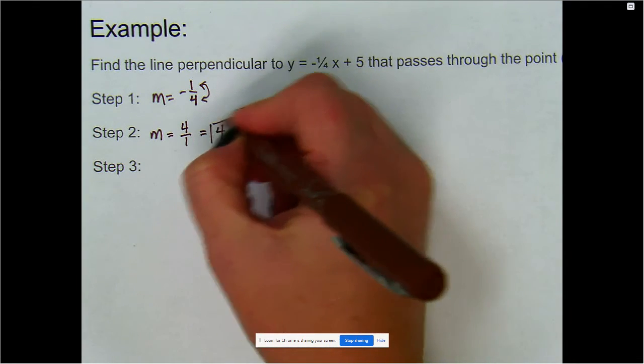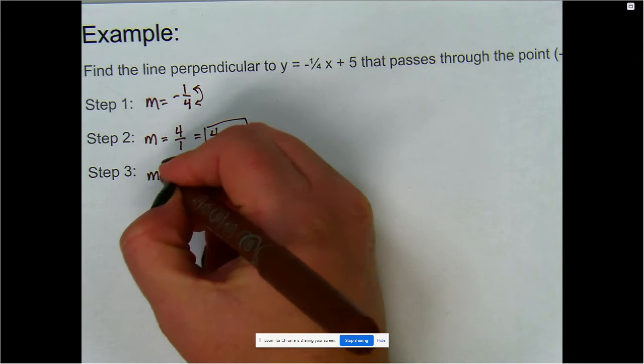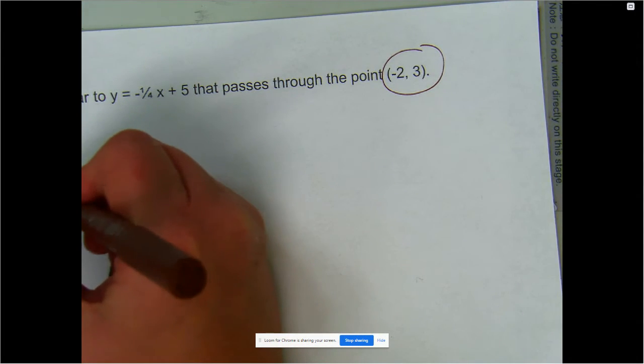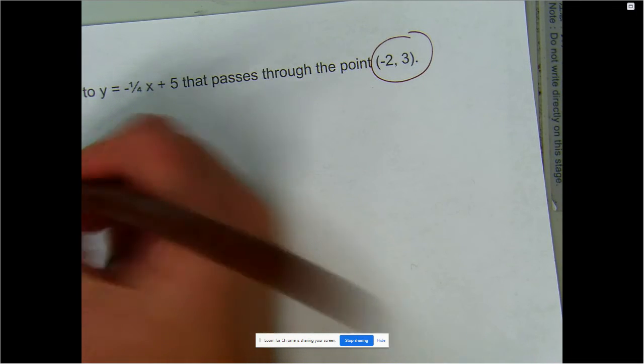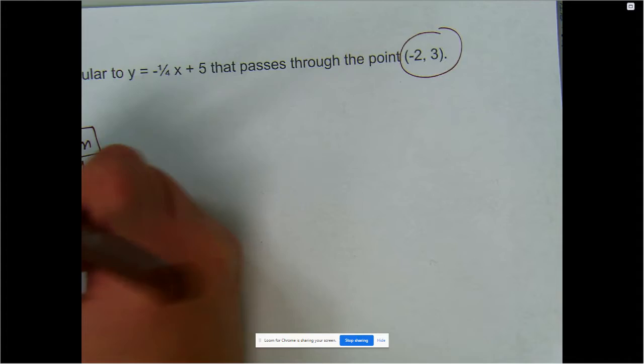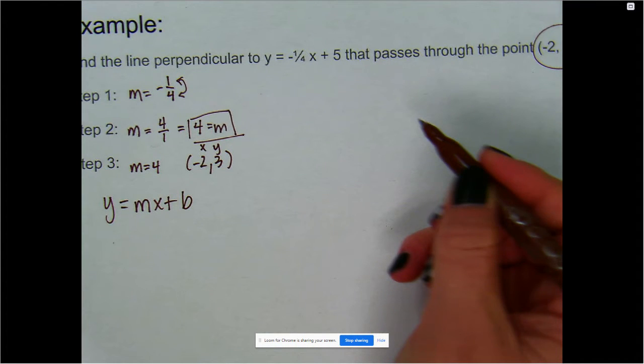So my new slope is going to be 4. And I'm going to use that slope and this point here. There's my x and my y. And I'm going to plug it into y equals mx plus b. So 4 will go where m is, 3 will go where y is, negative 2 will go where x is.